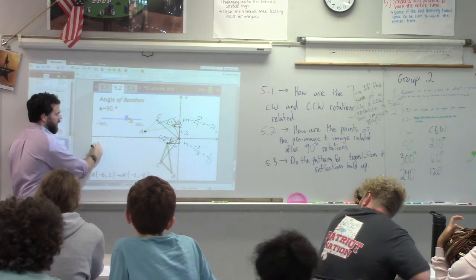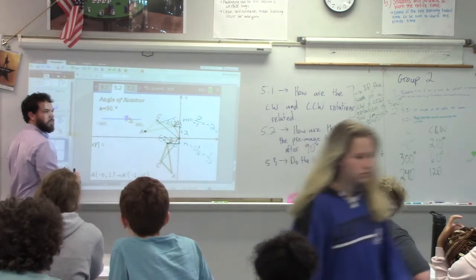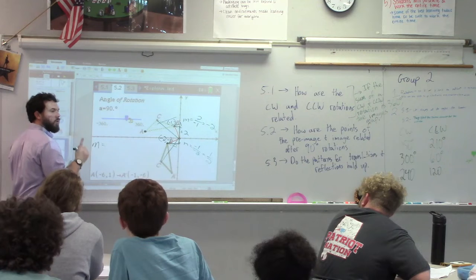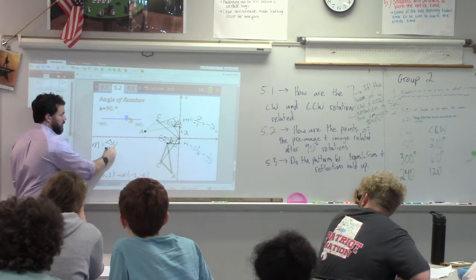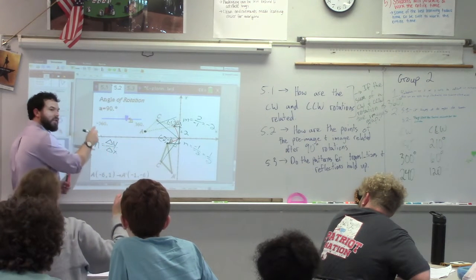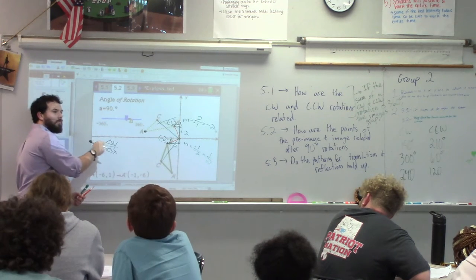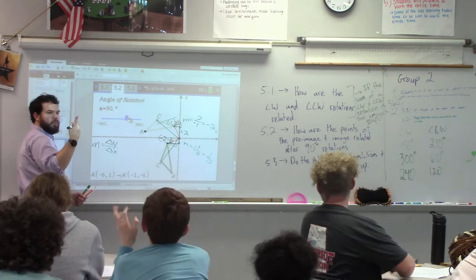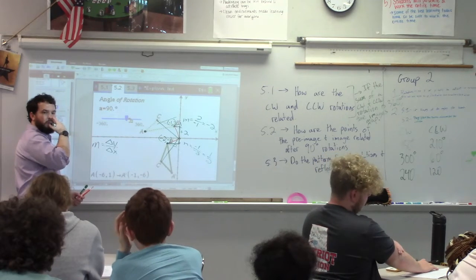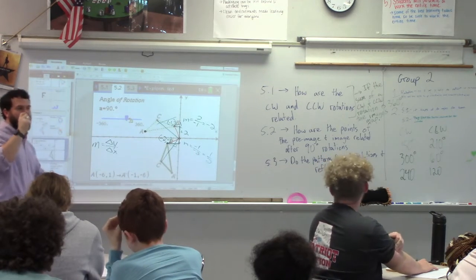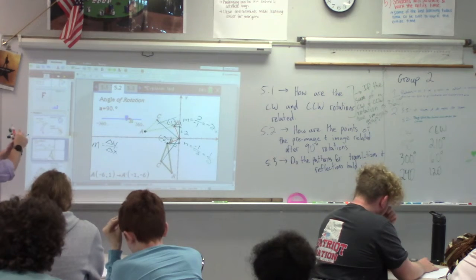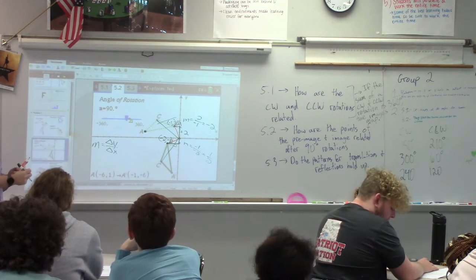Because how do we calculate slope? Rise divided by run, or change in y over change in x. So to get that reciprocal in the slope, my x and y have to switch.